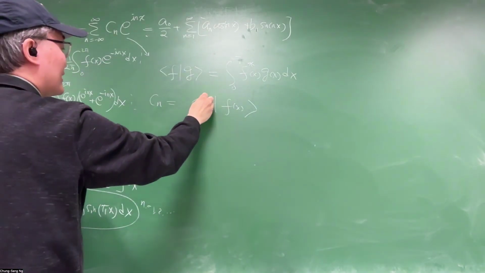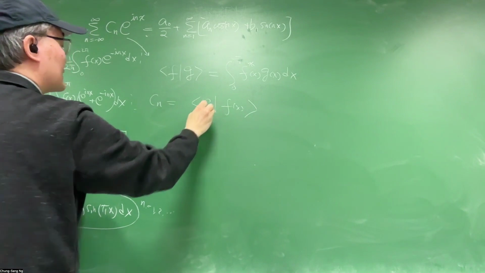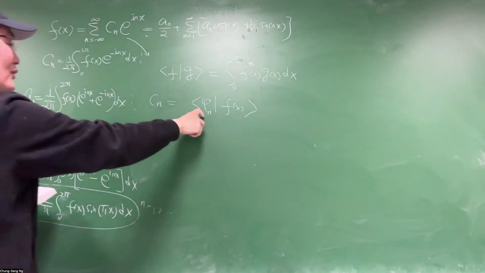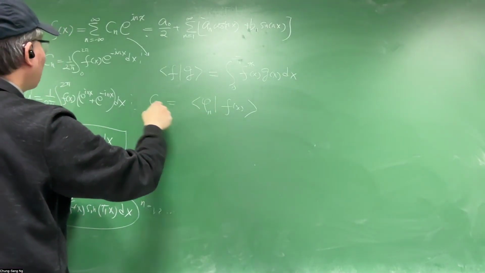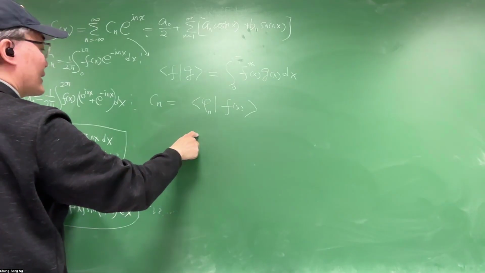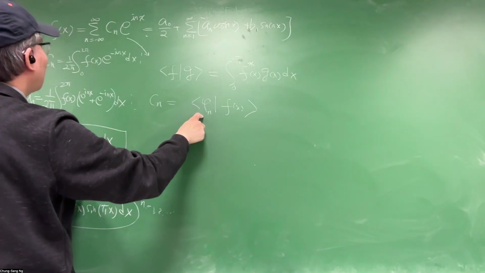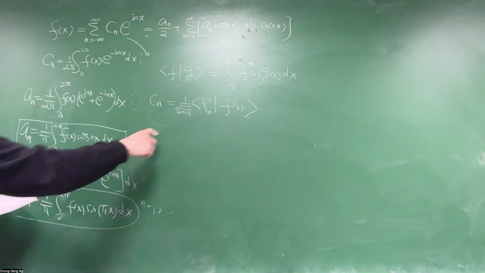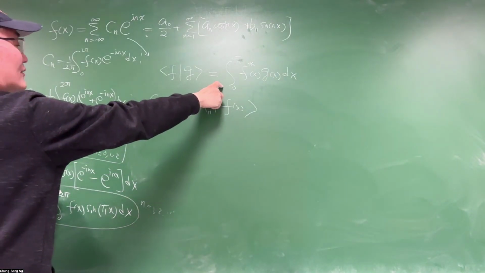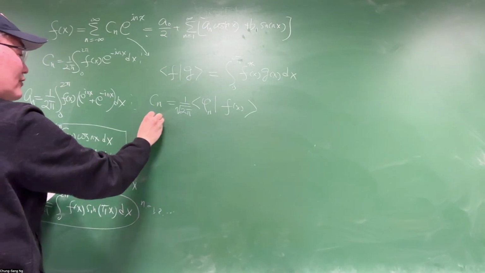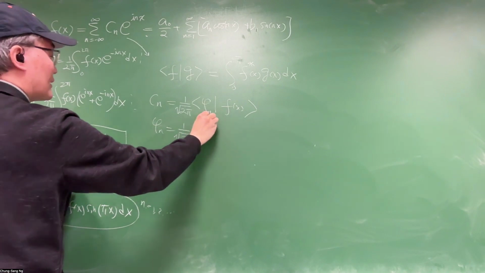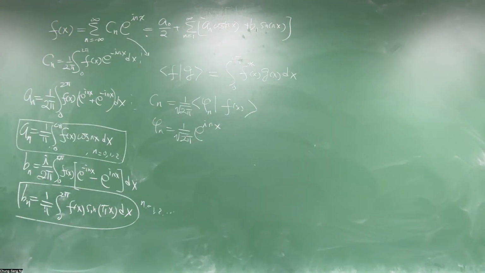The basis you can say is phi sub n, except that this is not normalized. When you normalize this one, you introduce a square root of 2 pi, so it is 1 over the square root of 2 pi times e to the i n x. For the complex Fourier series, these are your basis functions.